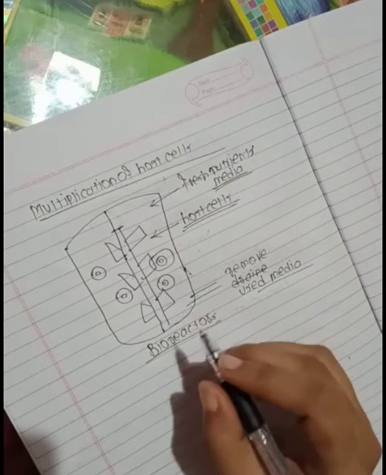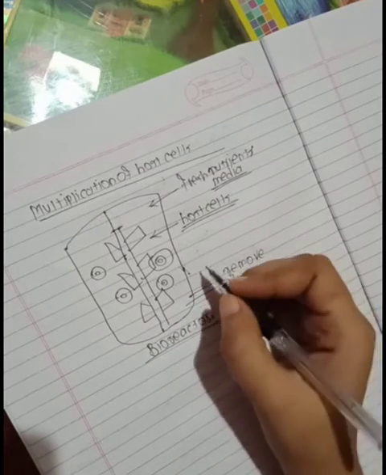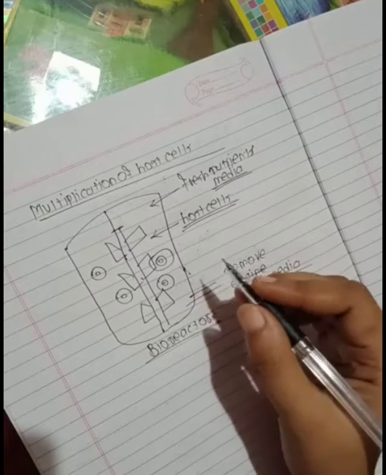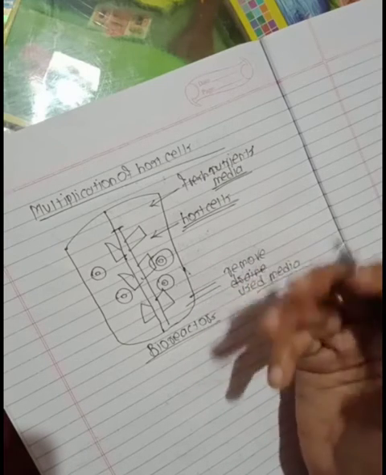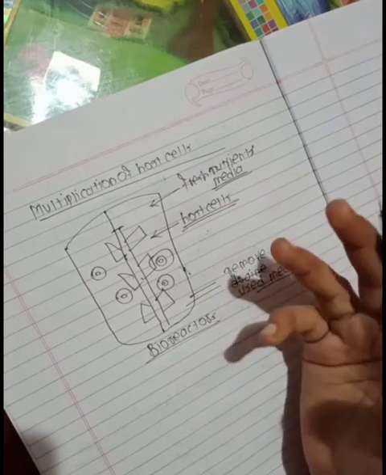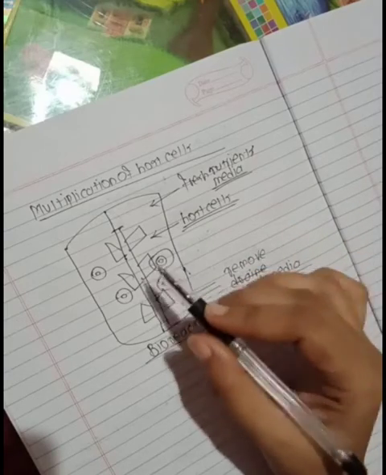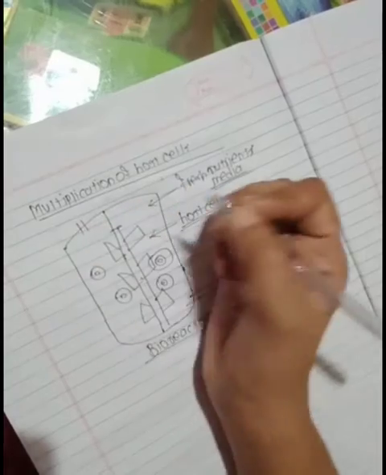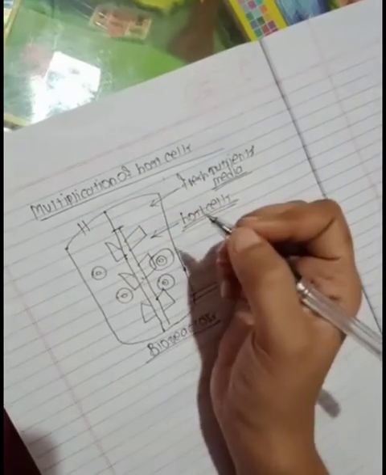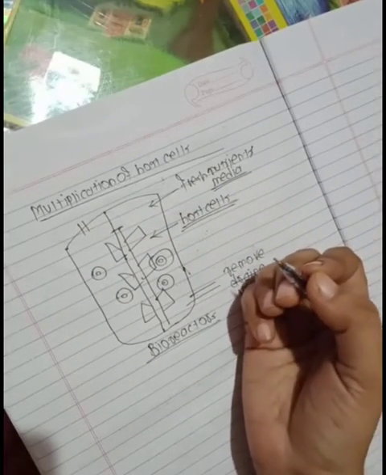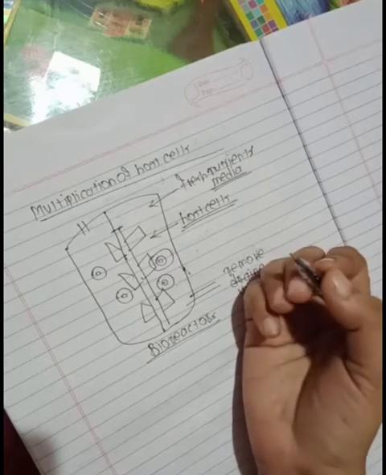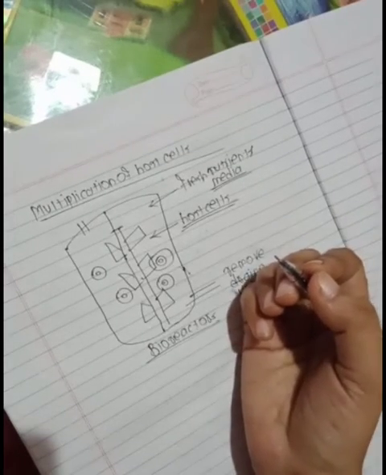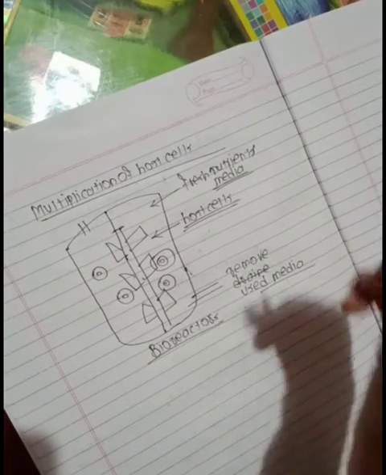The next thing it does is provide aeration, because all these bacteria are aerobic and need oxygen for growth. Here are also some ports to check the pH of the media, because bacteria are grown in specific media having a specific pH.